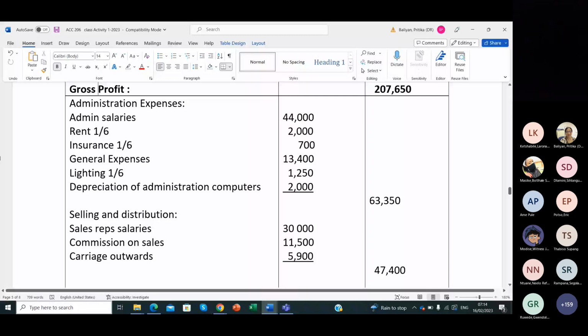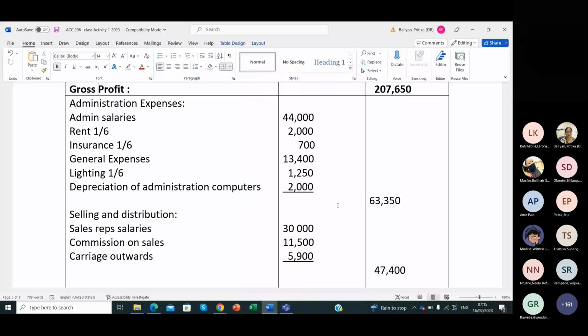Okay. Then you add all the administrative charges. The sum of it is 63,350. We separate all the types of expenses: those classified as administrative expenses, selling and distribution expenses, and any other financial charges.